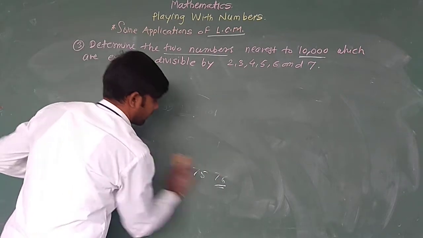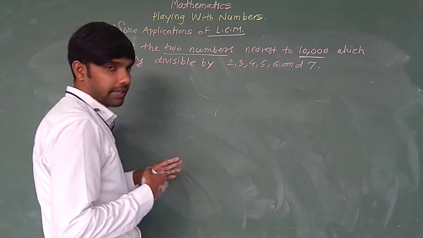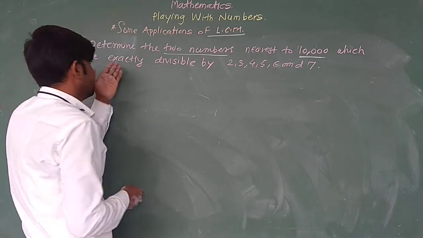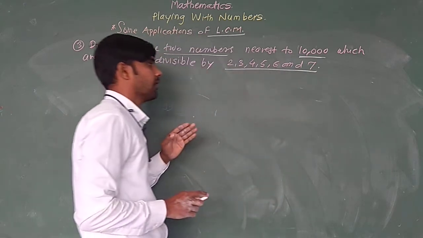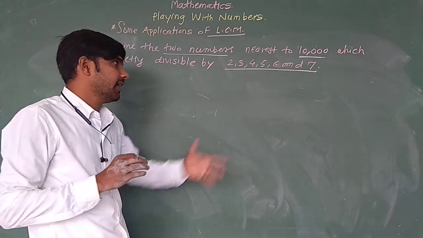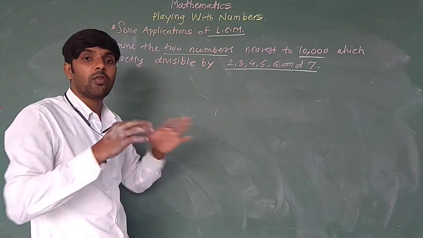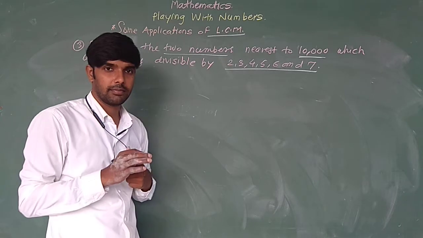Second one: we have to find the number nearest to 10,000 that is exactly divisible by 2, 3, 4, 5, 6 and 7. And we know that for a number to be exactly divisible by the given numbers, you have to find the LCM, the lowest common multiple, of these numbers.